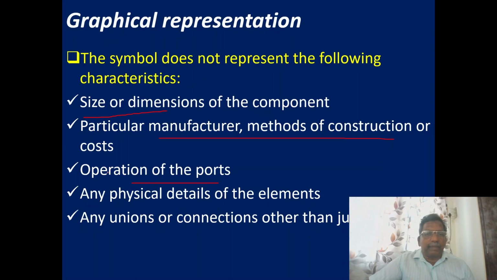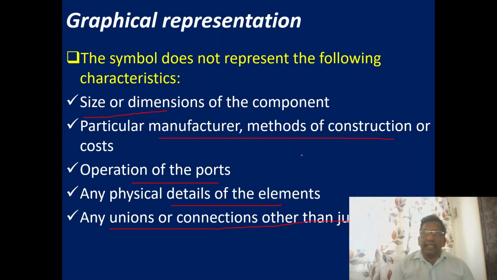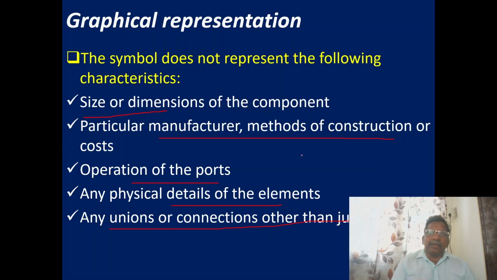The symbols won't explain the physical details of the element or the connections other than junctions. So don't think this graphical representation tells about geometrical characteristics as well as manufacturer attributes. It only tells about the function of the particular component. Okay.